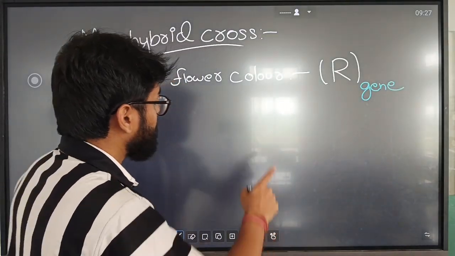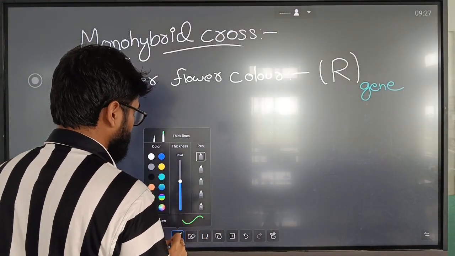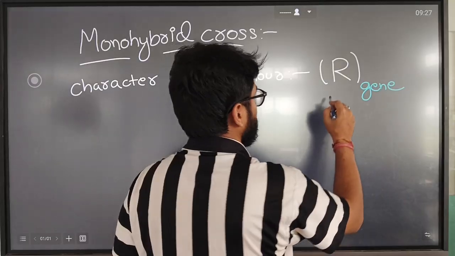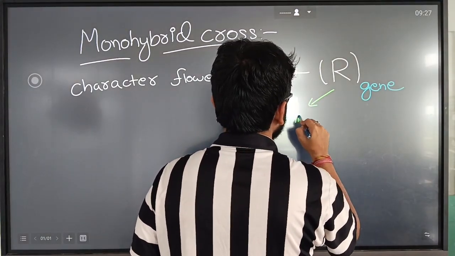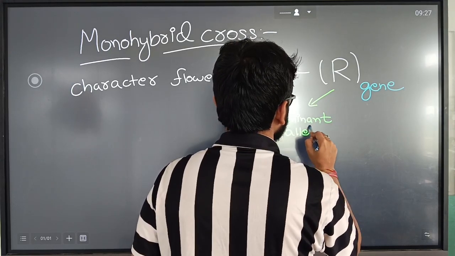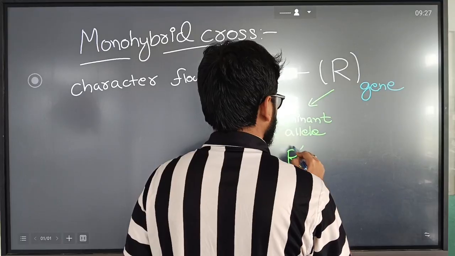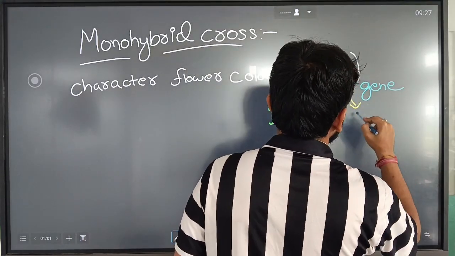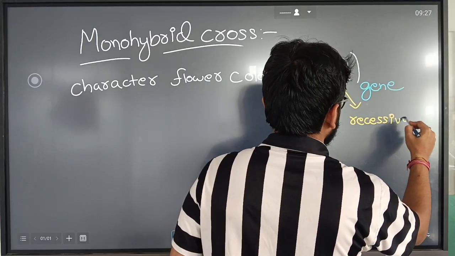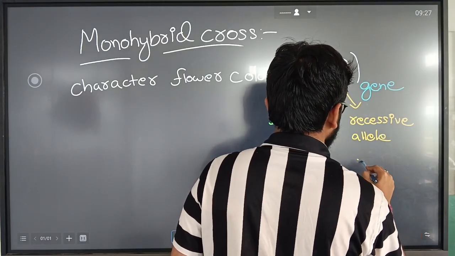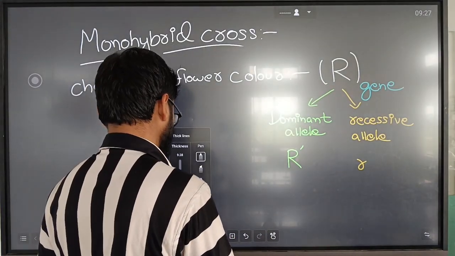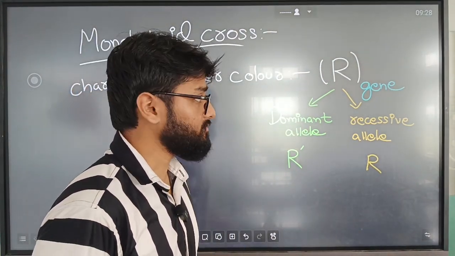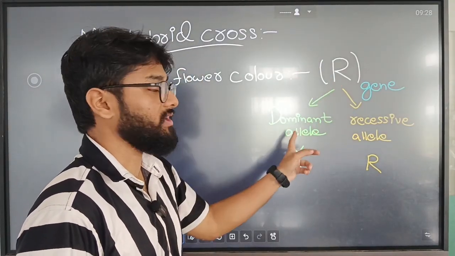Of course, this gene will have two variants. That means this gene will possess two alleles, that is, a dominant allele, let's say represented by R dash, and a recessive allele represented by small r, or let's not do small r, we can simply do capital R also, so that you don't get confused on why we take capital R to be a gene and why we don't take small r to be a gene.